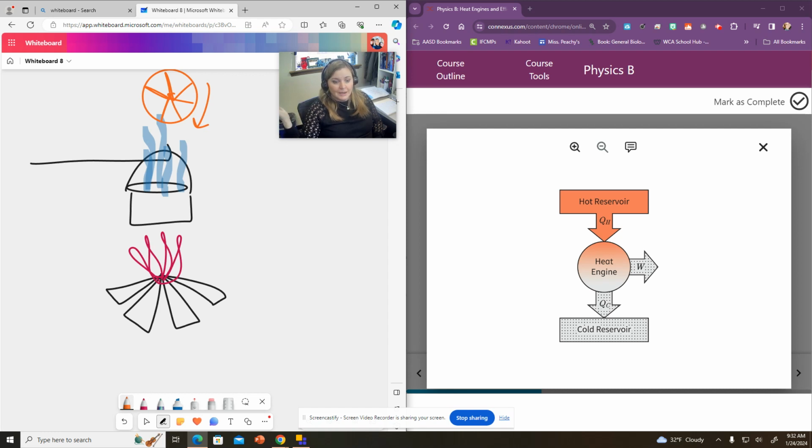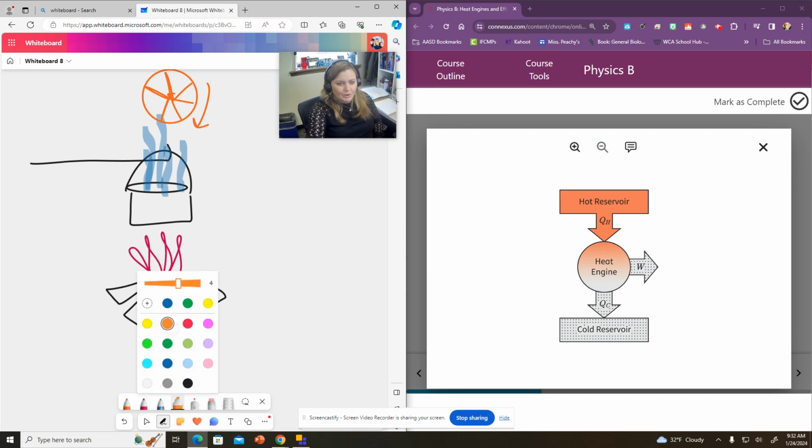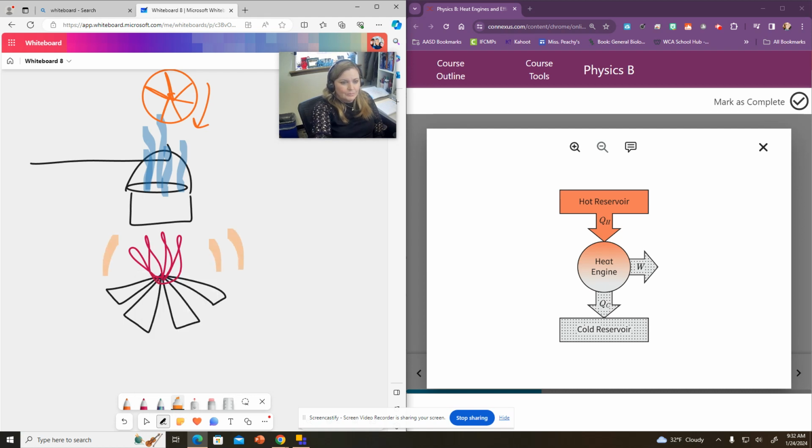It's moving a force, moving something of weight over a distance. It's doing work. But the majority of the heat is, we often say, lost. You have a lot of radiation, you've got heat that you're going to feel, right? This part here is what you can use to do useful work, but most of it is just going to be dissipated out to the cold reservoir, which is the air surrounding it.